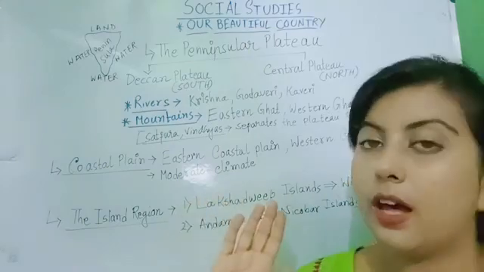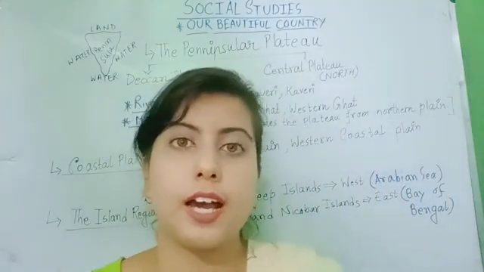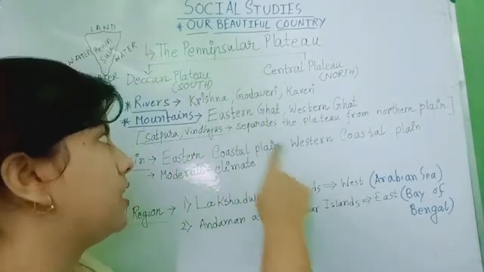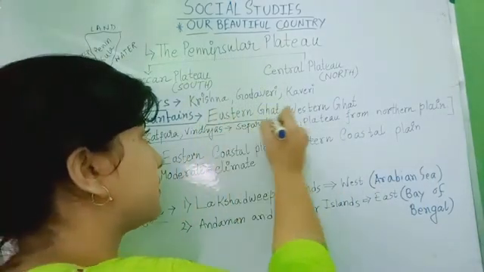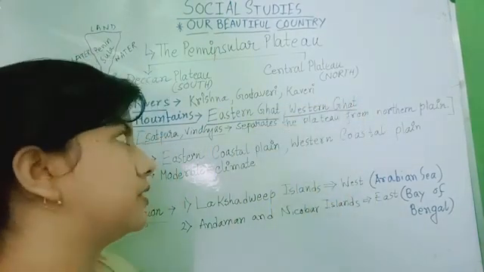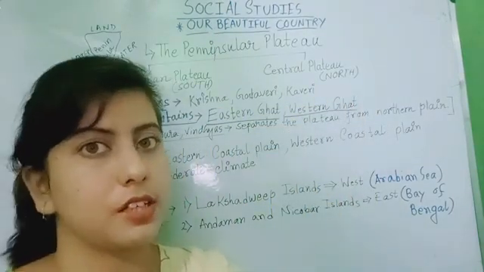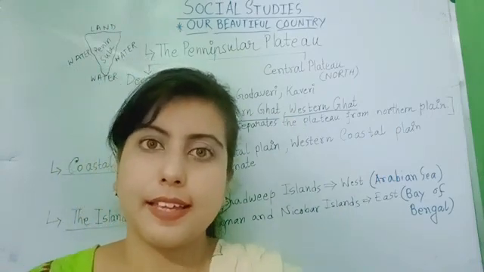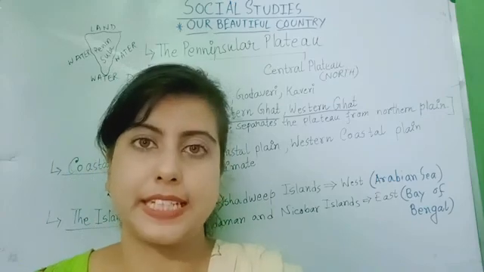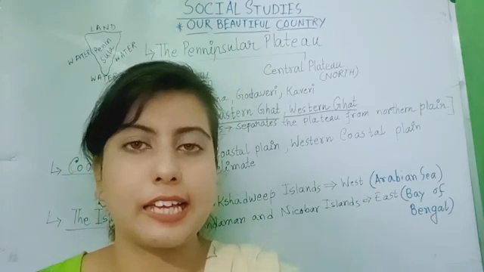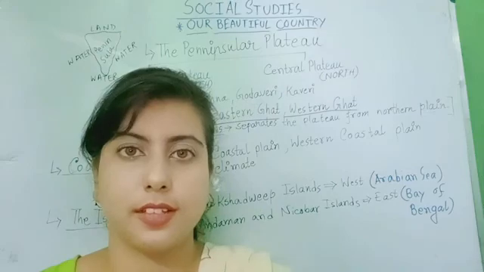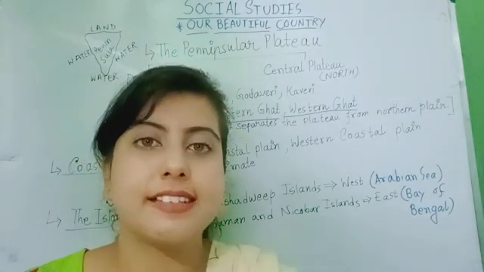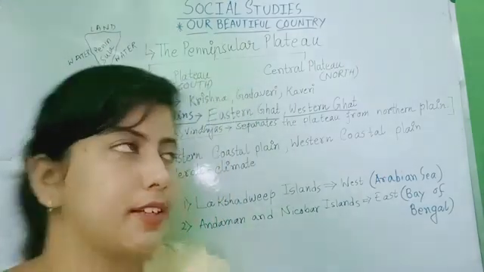Now, in the Peninsular Plateau, there are two main mountain ranges. They are the Eastern Ghats and the Western Ghats. From the very name, you can understand that the Eastern Ghats are situated in the east side of our country.